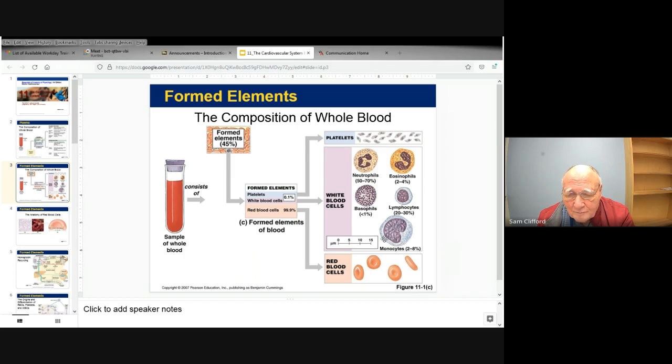Okay, whole blood. Formed elements are the red blood cells, all of the white blood cells, and platelets. There's one type of red blood cell. That's it. It's lost its nucleus. Its only job is to be a sac of hemoglobin to carry oxygen. Then we have neutrophils, eosinophils, basophils, lymphocytes, and monocytes.